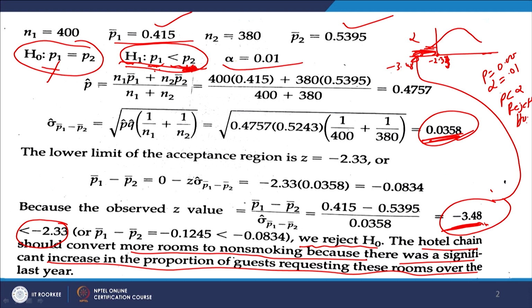Let us work out the same example using a different approach. This is in fact nothing but the percentage of people who preferred non-smoking rooms.